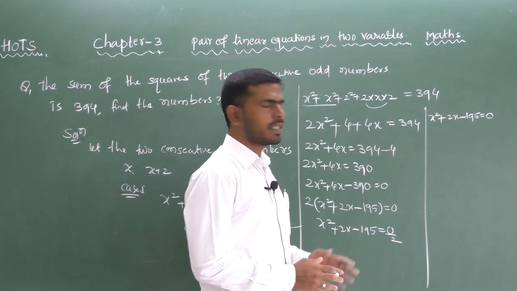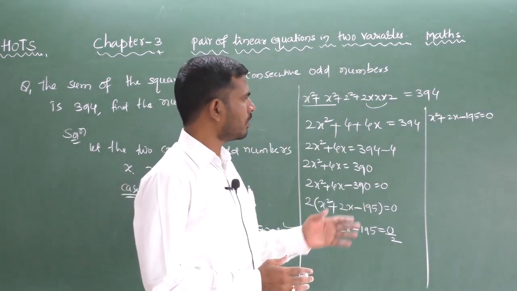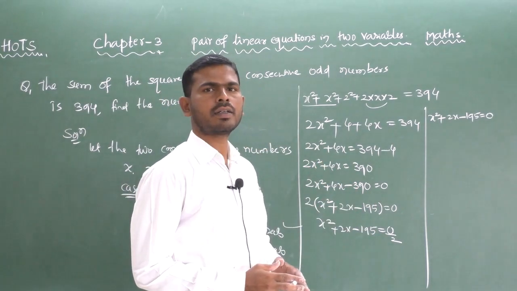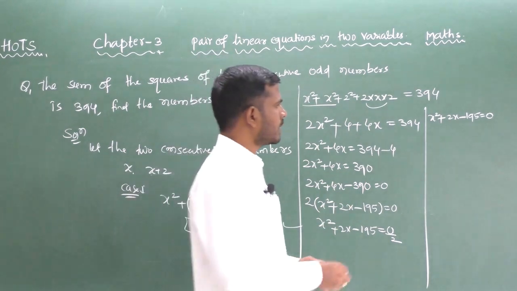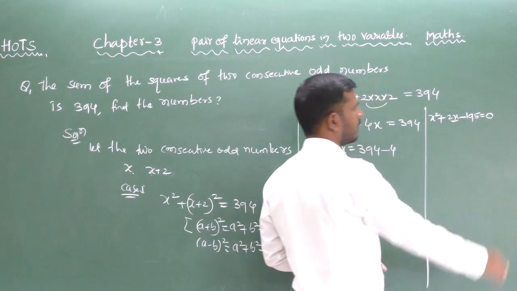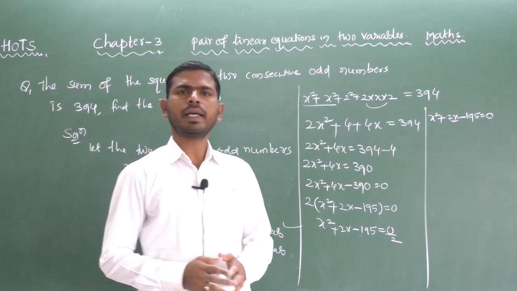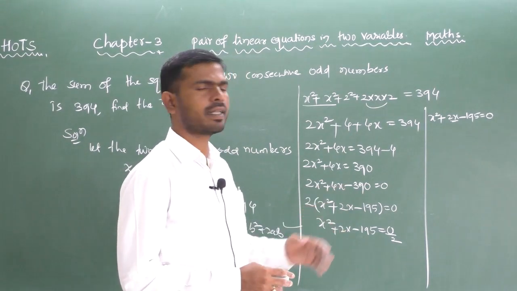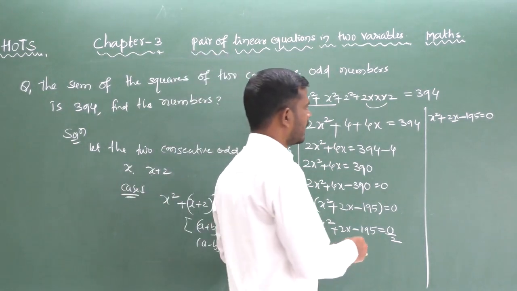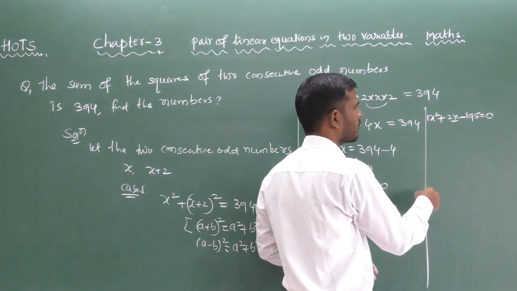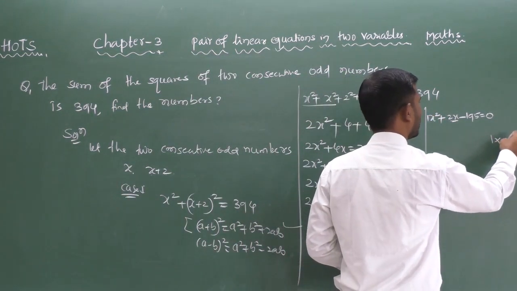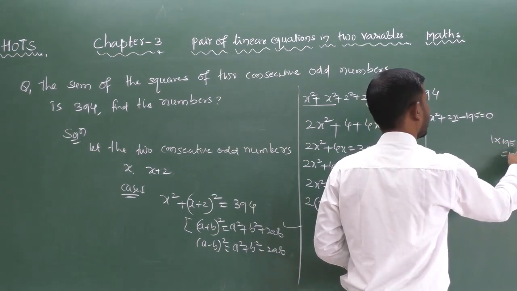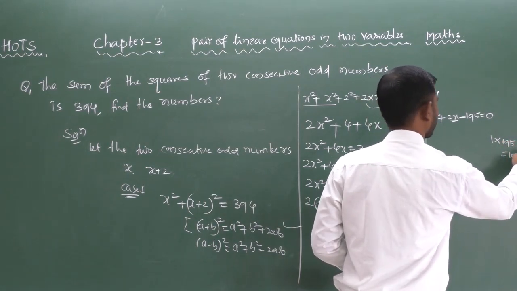Next, I already taught you a similar method to solve the quadratic equation or polynomial. We just have to find the middle term. The product should give 195, and the sum or difference should give the middle term 2. 1 into 195 is 195.